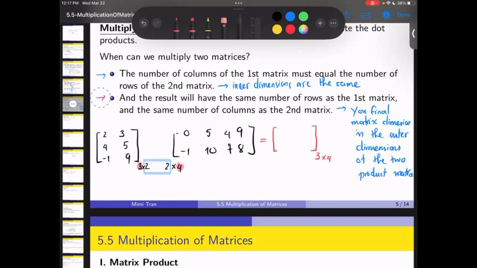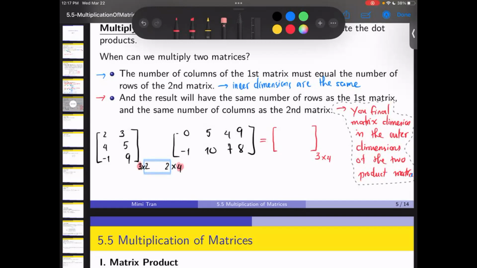Let me use red for this part. That's what it meant for that slide, that's all. If the inner dimension is not matched, hypothetically, if I have a 4 here and a 2 here, you stop.